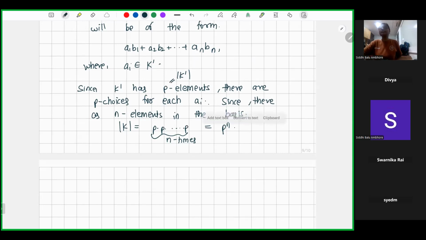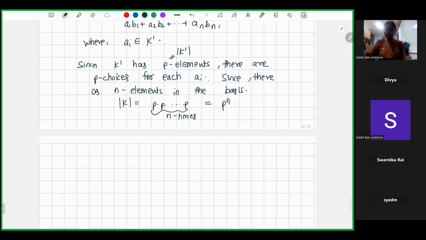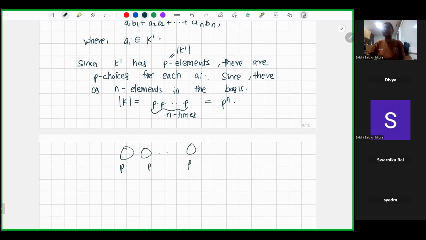So any doubts here? I hope you know how many choices this will have. Whatever choices this AI has, we have to multiply, because randomly, this is like I have N boxes to fill, and for each box I have P choices.